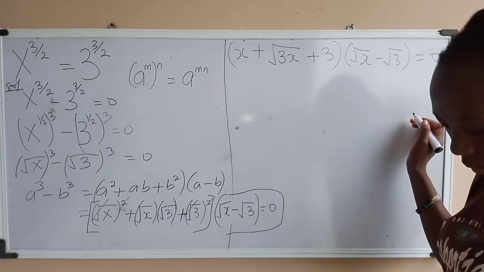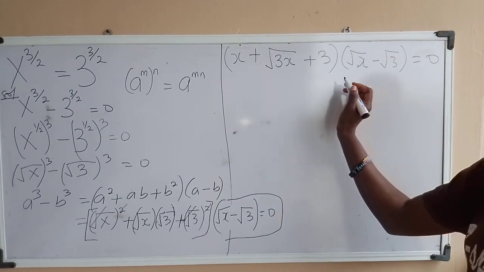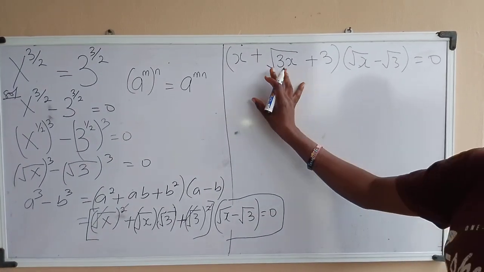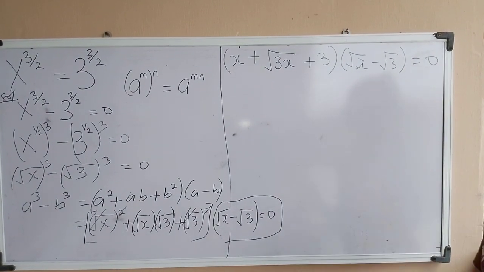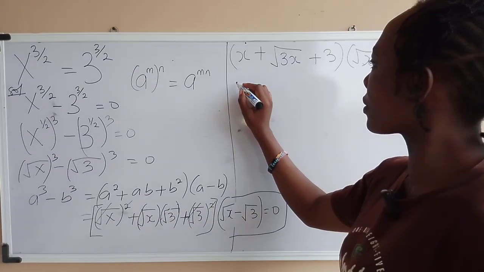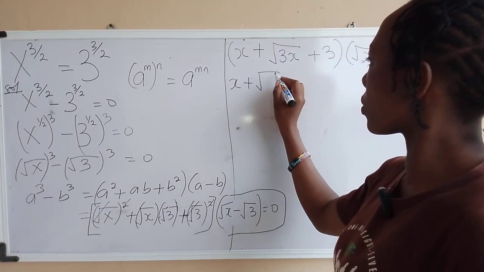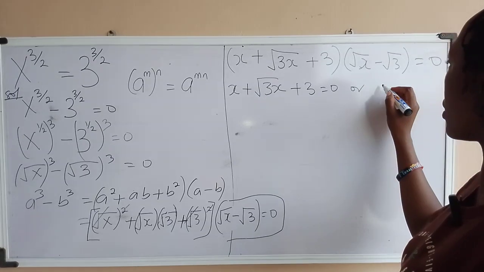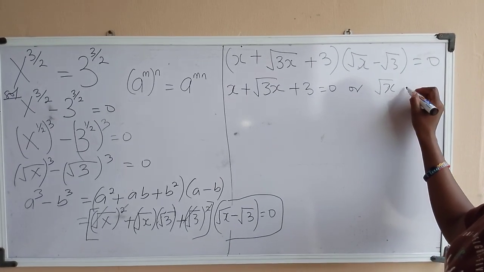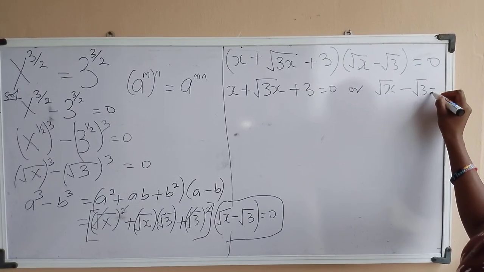Now when we have this kind of equation, we say this full bracket equals 0 and this one again equals 0. So we have x plus square root of 3x plus 3 equals 0, or square root of x minus square root of 3 equals 0.